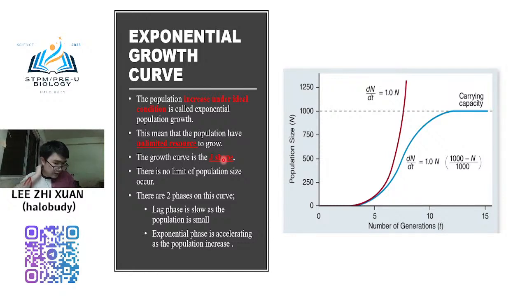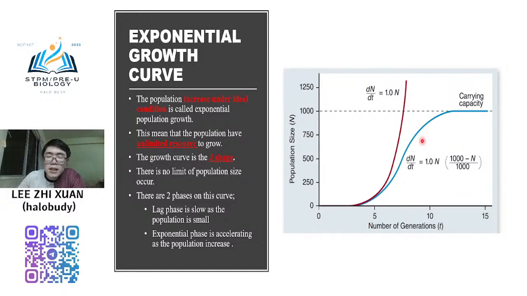And the blue one we call the S-shape curve. These are the other names, but in scientific terms they are exponential and logistic. So the red one is exponential and the blue one is logistic.